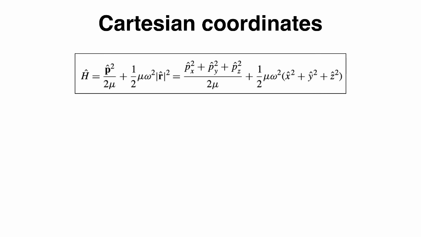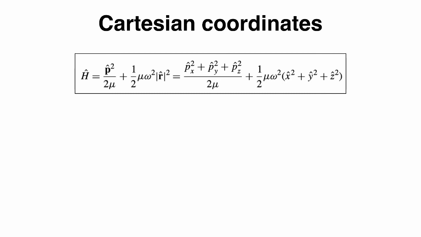Okay, good. We're going to first start in Cartesian coordinates, so we can write the Hamiltonian in Cartesian coordinates. This is a fairly simple Hamiltonian: p squared over 2 mu, which is the kinetic energy, plus one half mu omega squared r squared, which is the potential energy in 3 dimensions. What matters here is the distance from the origin, r squared.